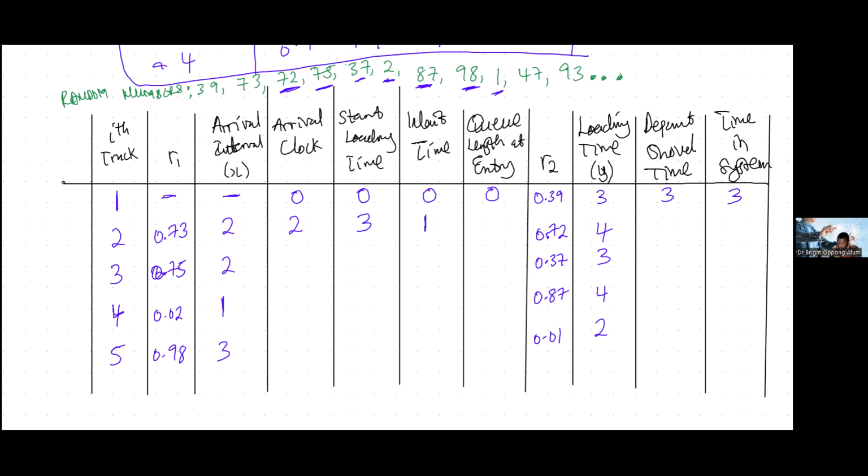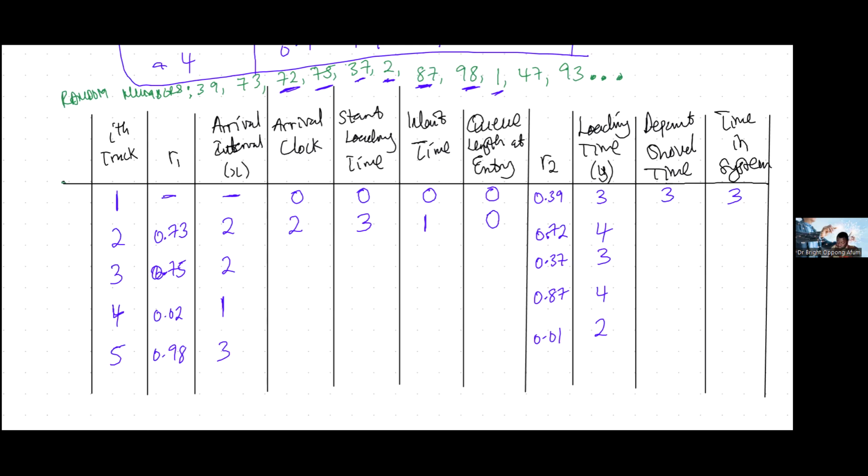Was there any track before it came so that it will queue? No, it didn't queue, it was just waiting. So queuing is when you have a track which is being loaded, one track is waiting, then the next track will come to queue. All right, so loading takes 4 minutes.